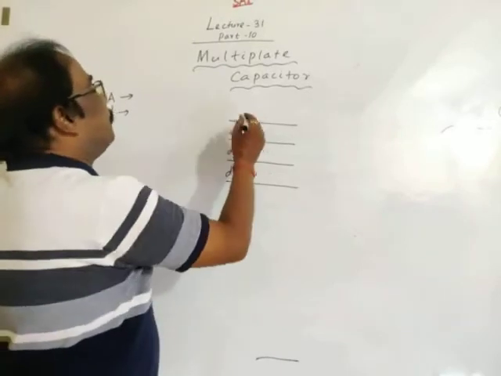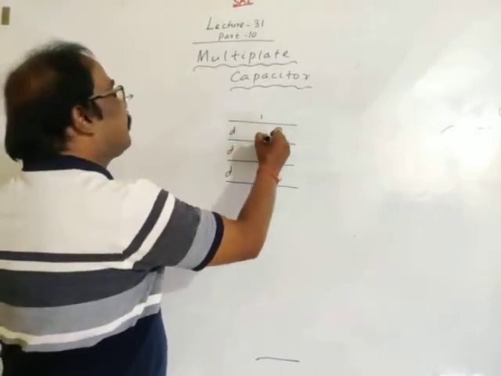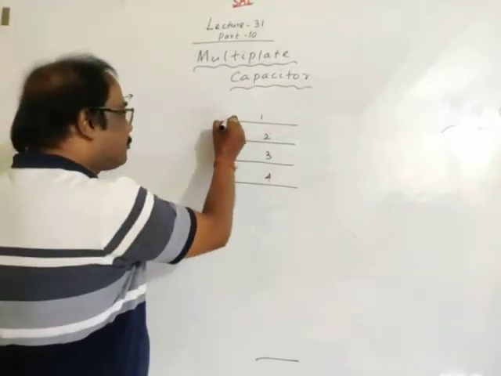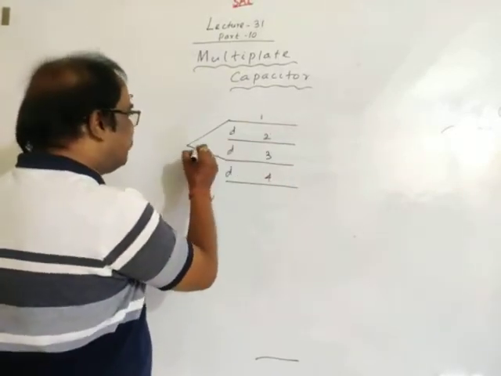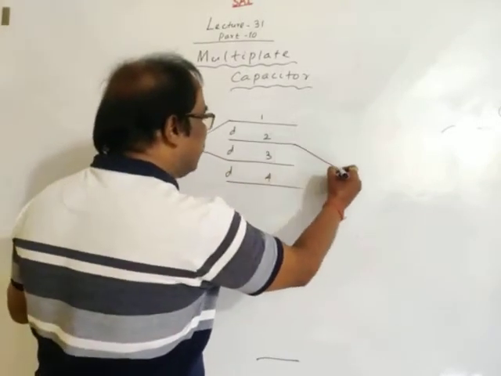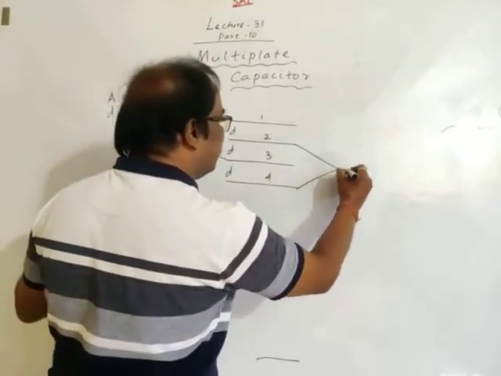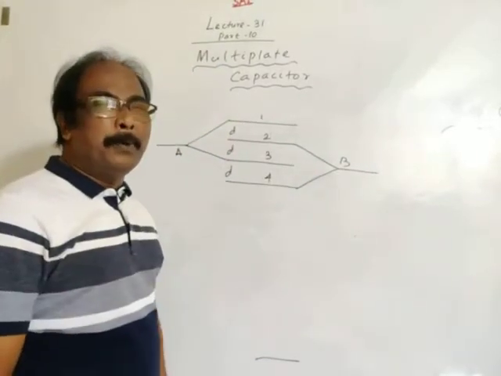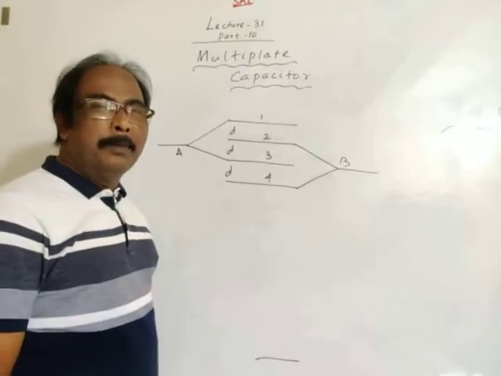So this is plate 1, this is plate 2, this is plate 3, this is plate 4. Let the first plate and third plate be connected to a common point A. Similarly, the second plate and fourth plate are connected to a common point B. These are usual problems, very common numericals.